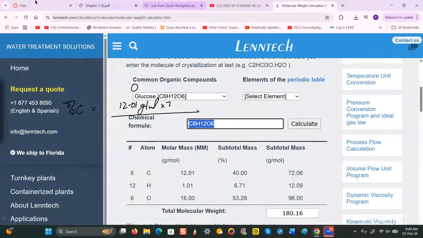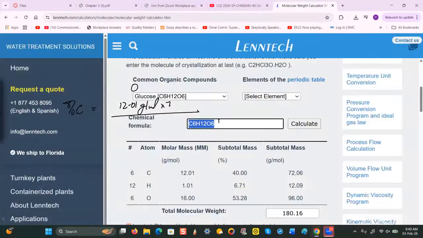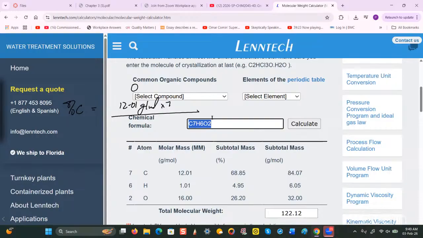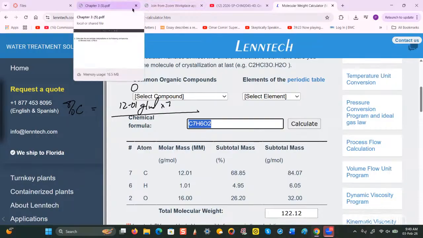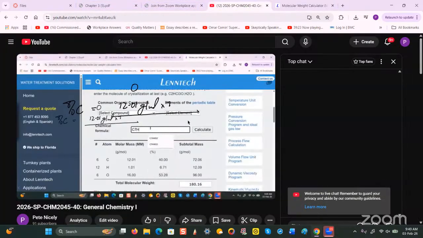What was the formula? C7H6O2. Okay, so C7H6O2.